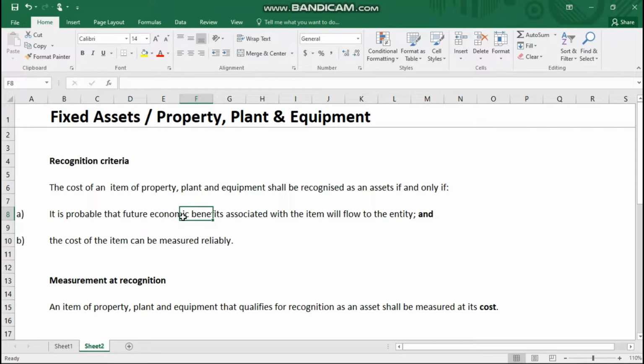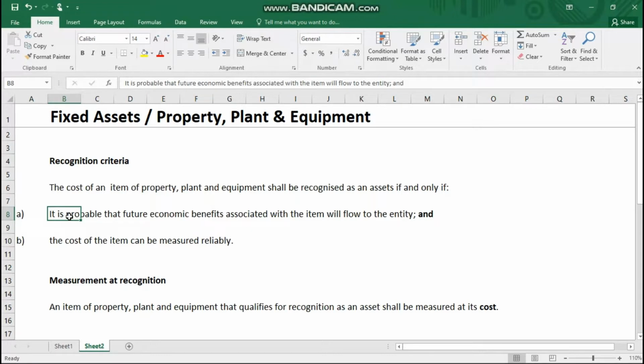For example, if you have machinery that will be used in production, the point is that production will give a benefit to the entity.